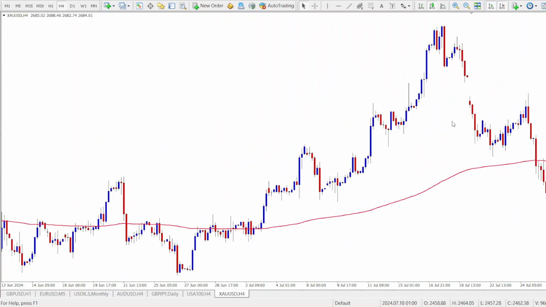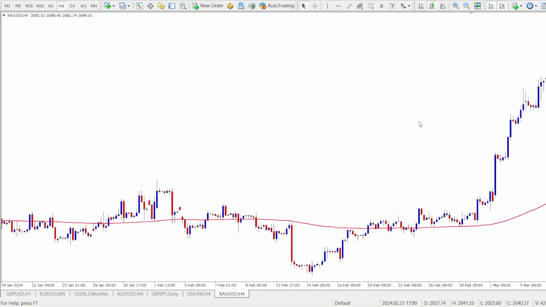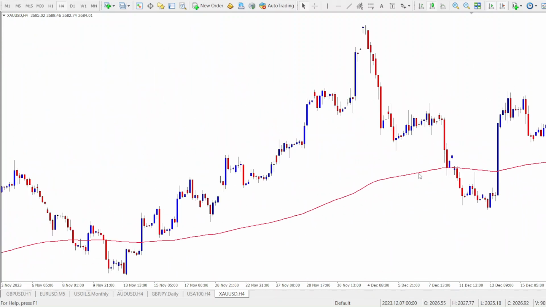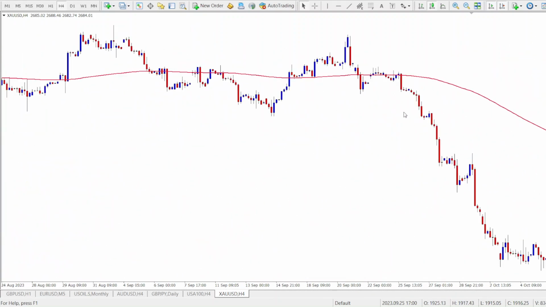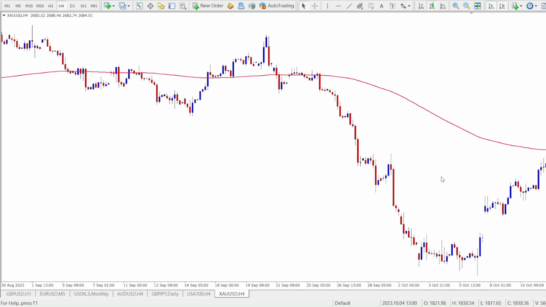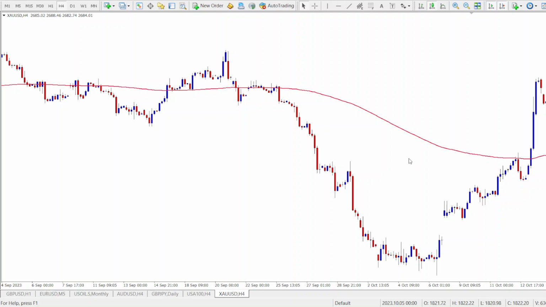On the other hand, when you have price trading below the 200 EMA, it means that the trend is bearish, or a downtrend. Now, many traders rely on this single line to gauge whether they should focus on buying or selling, depending on where the price is in relation to the 200 EMA.